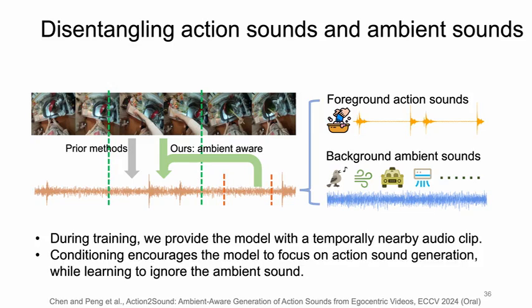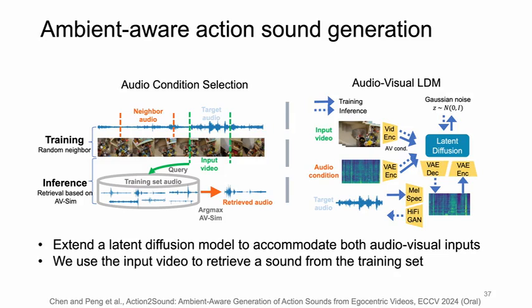So during training, we provide the model with a temporally nearby audio clip, and conditioning on this clip encourages the model to focus on action sound generation while learning to ignore the ambient sound. We also extend a latent diffusion model to accommodate both audio and visual inputs.